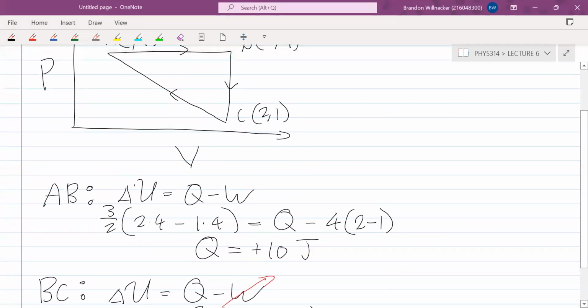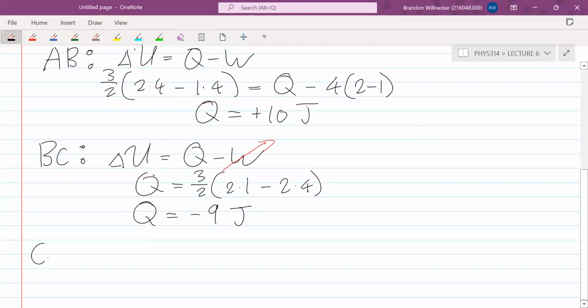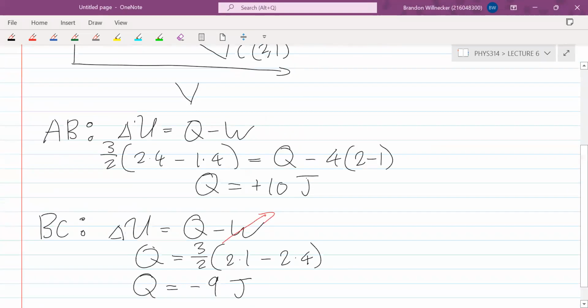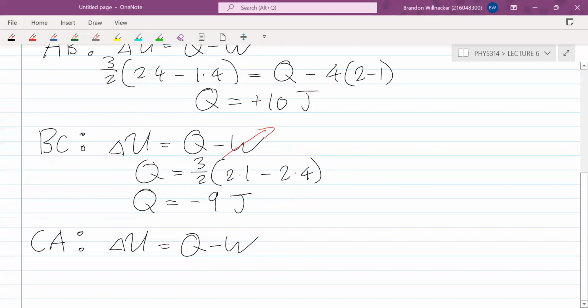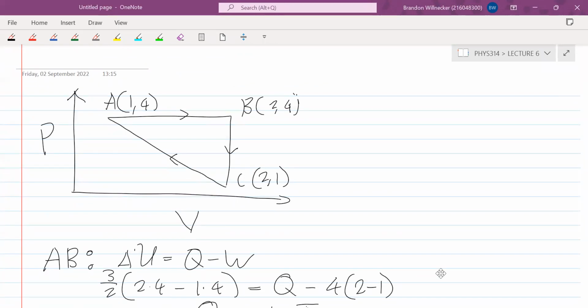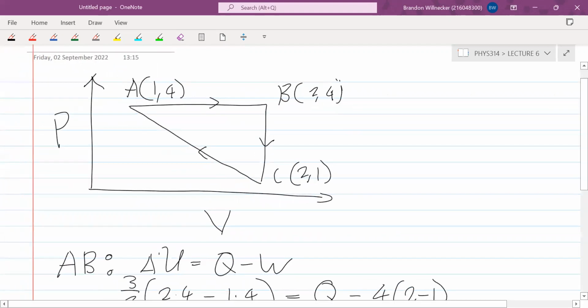Then the last one is from C to A. Let's see what happens there. Again, delta U is equal to Q minus W. Delta U going from C to A is 3/2 (4 times 1 minus 2 times 1), equal to Q minus W. The work is going to be the area underneath that line because it's the integral of P dV.